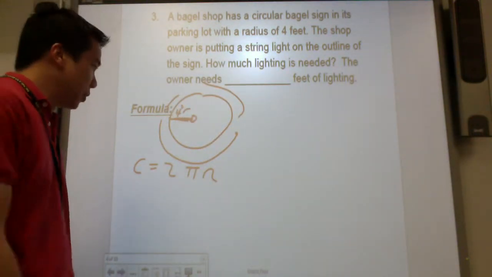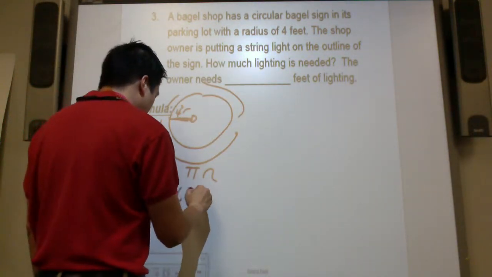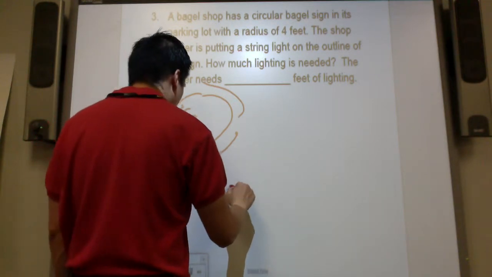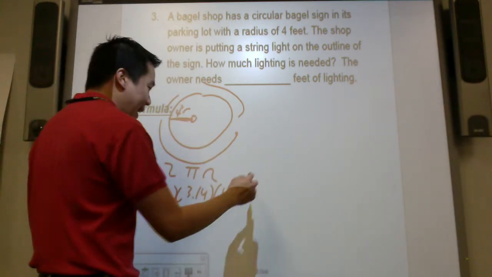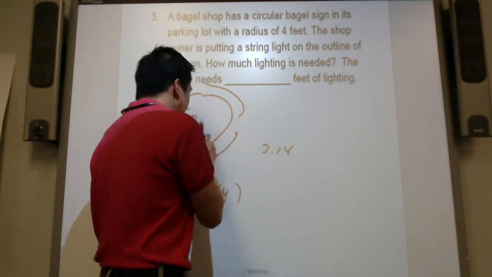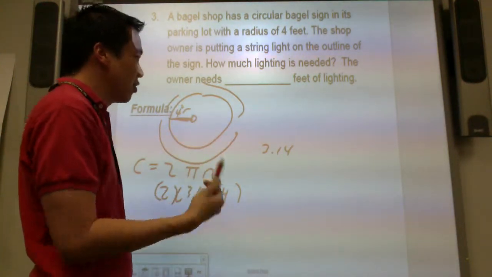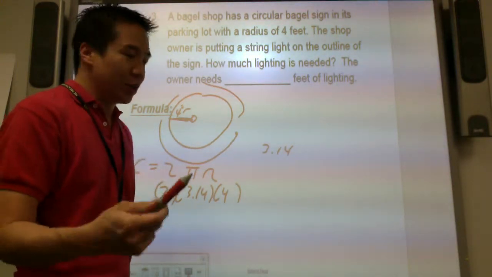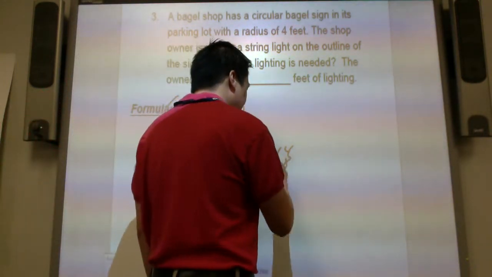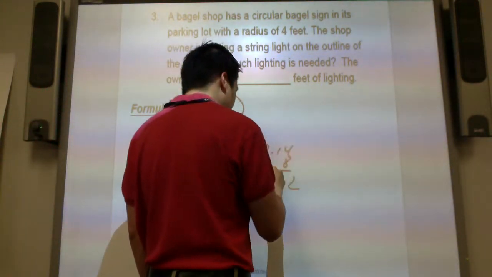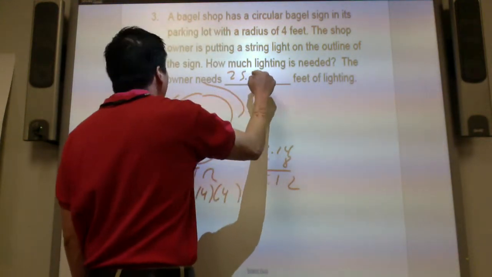It's like the perimeter. So 2 times 3.14 times the radius of 4. 2 times 4 is 8, because the diameter would have been 8. Remember, diameter is double the size of a radius. So 3.14 times 8 is 25.12.